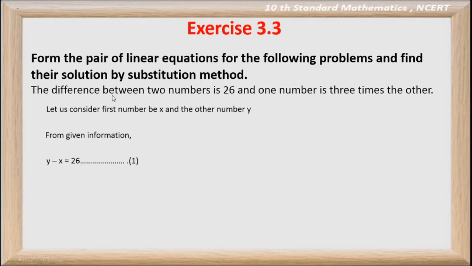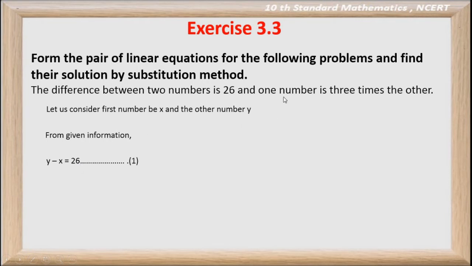Here the difference between two numbers is 26. How will we find the difference? The second minus the first. So the difference between the two numbers is 26, so we get y minus x equal to 26. Make it the first equation.